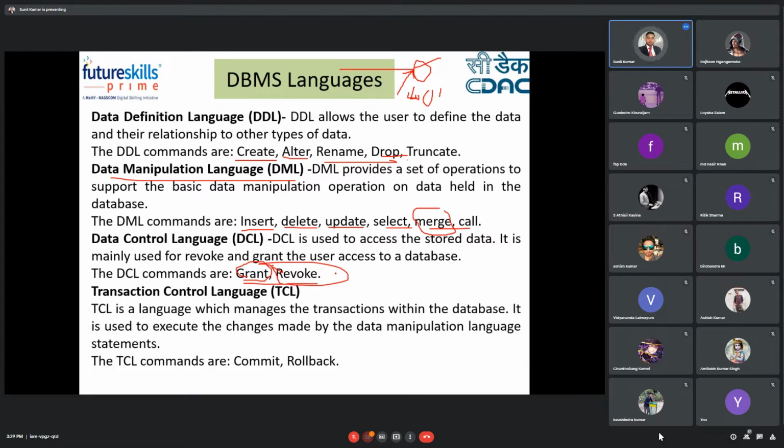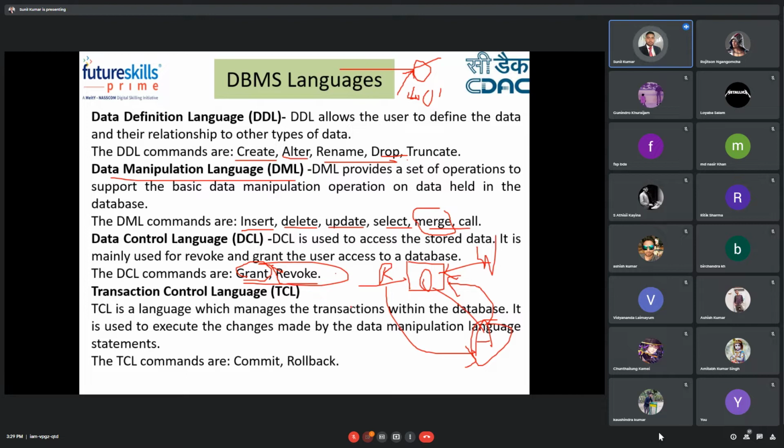Suppose you have a database and you can only perform read operations, but you want to perform write operations also. Until the administrator gives you write permission, you cannot make any change in the data. So you have to make a request to the administrator, and then you will be able to make changes in that database.